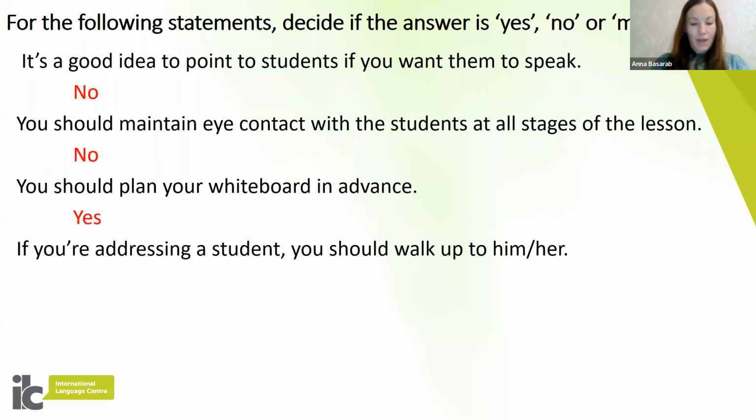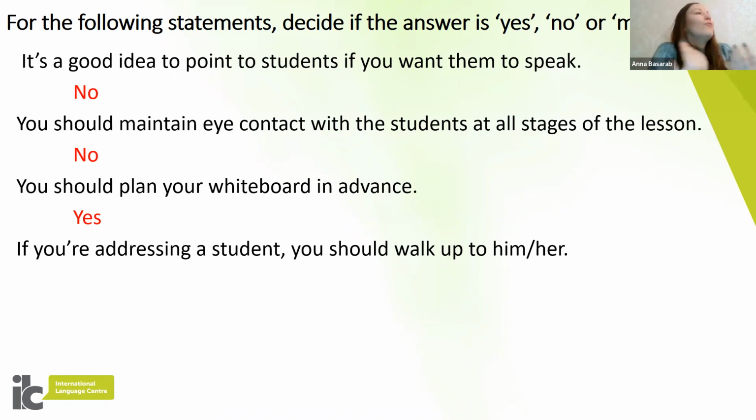How about walking towards our students? Of course not. Especially if you're working at university and you have a huge hall, you don't need to walk towards your students.